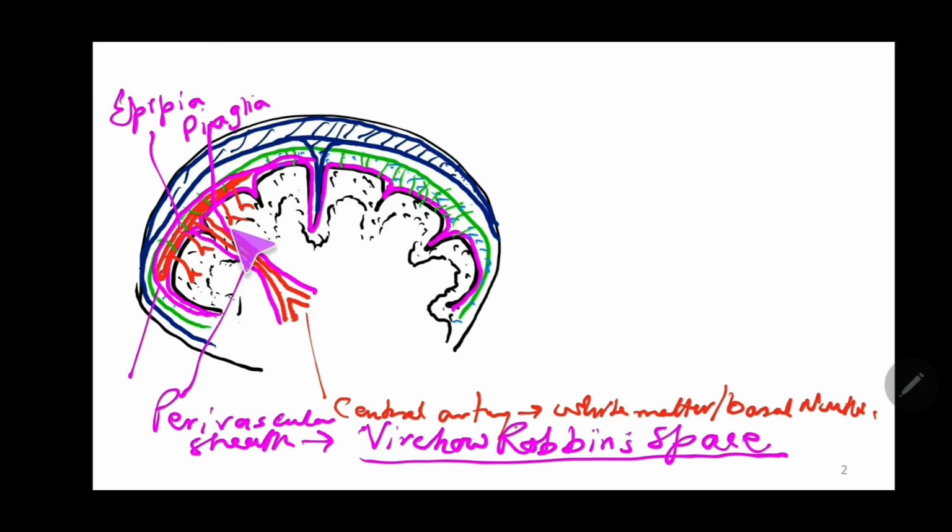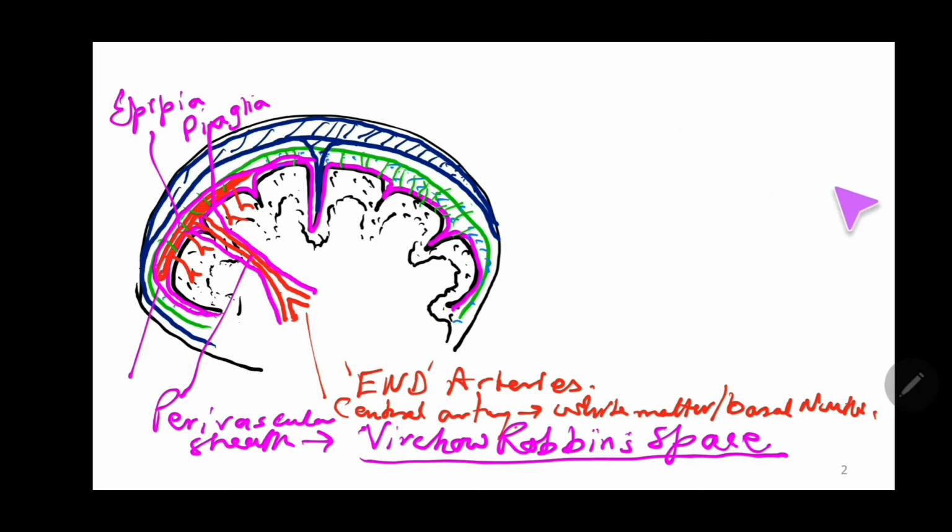Now about the white matter, these central branches. Remember that these central branches are end arteries, so they don't have any collaterals.